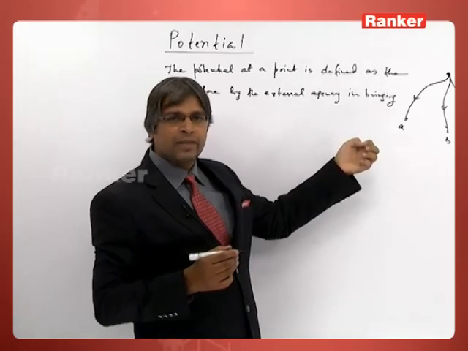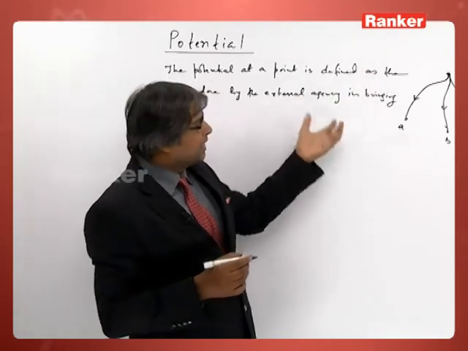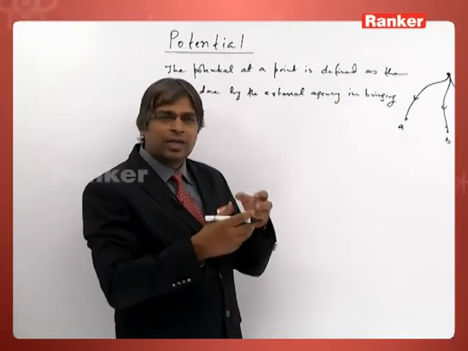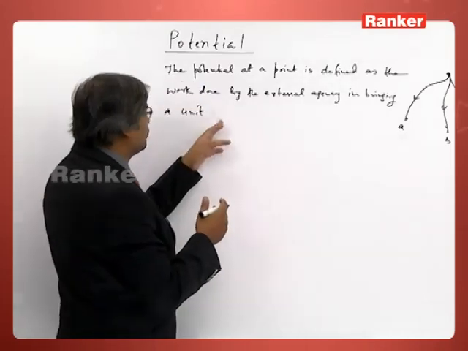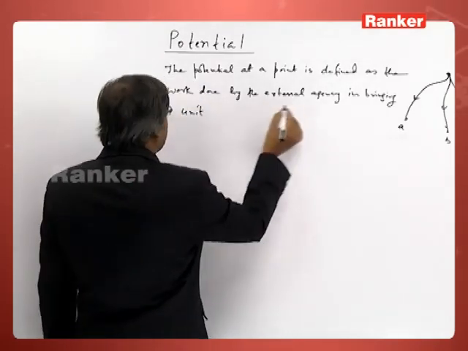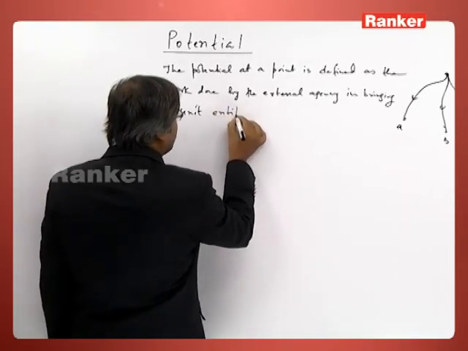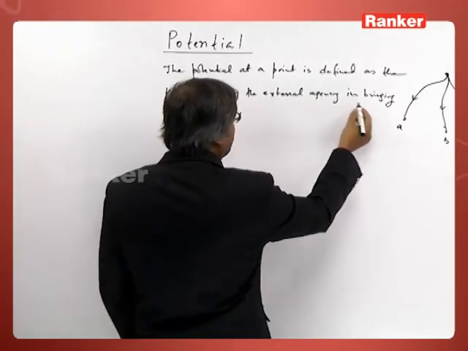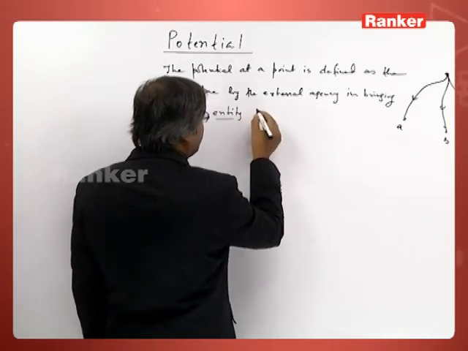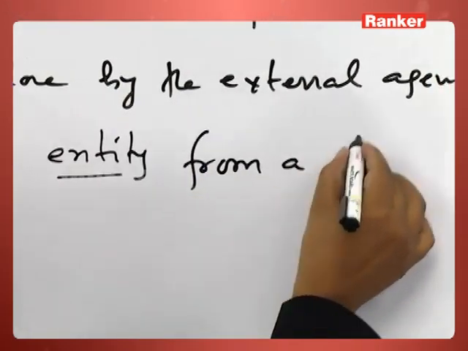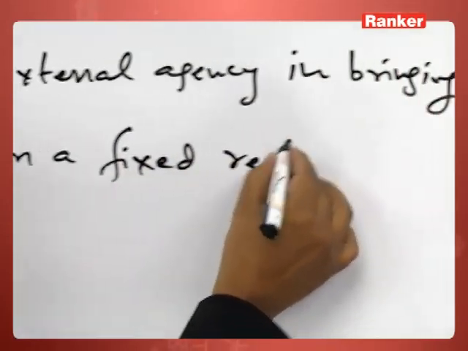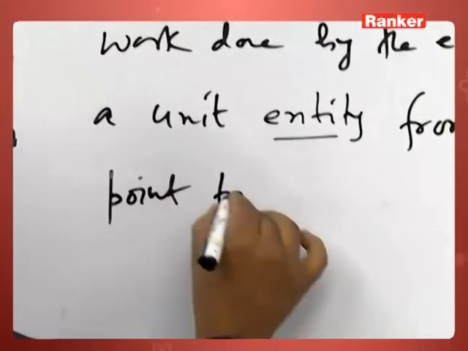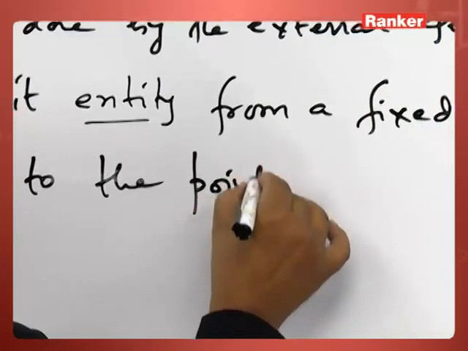If the field is electrostatic field, I have to bring the charge. If it is magnetic field, I have to bring the magnetic monopole. So depending on the quantity which interacts with the field, I have to select. Entity means the quantity which is interacting with the field. So work done by the external agency in bringing a unit entity from a fixed reference point to the point of interest.